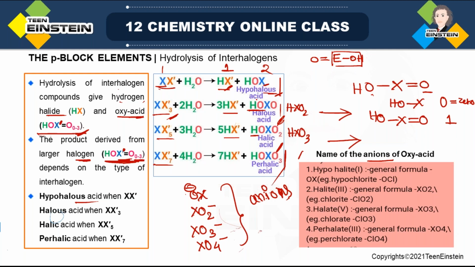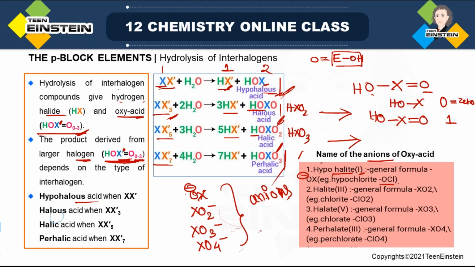Now these are the names of the acid, hypohalous acid. But when it is an anion, the name is different. When you are removing hydrogen from hypohalous acid, XO minus will be called hypohalite, and here the oxidation state of halogen is +1. We have a particular example, OX minus.